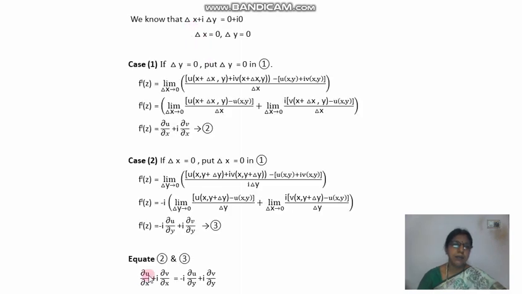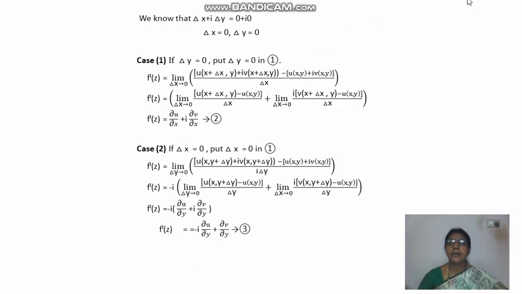What we get from here, okay, see this one, third equation: minus i dou u by dou y plus i dou v by dou y.